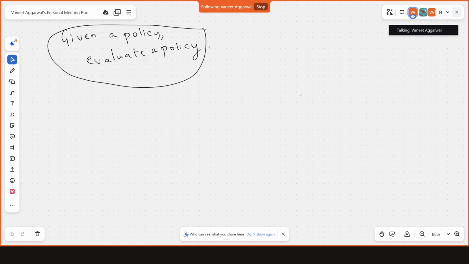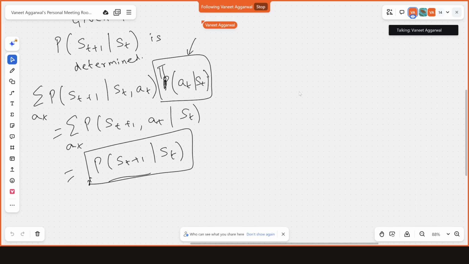There is one algorithm which is called policy improvement. What it does is it basically evaluates a policy, then improves the policy, then again does the evaluation. So it keeps on improving the policies with the evaluation. But the main thing that I wanted to get across was that once you are given a policy, determining how good the policy is essentially a Markov process.